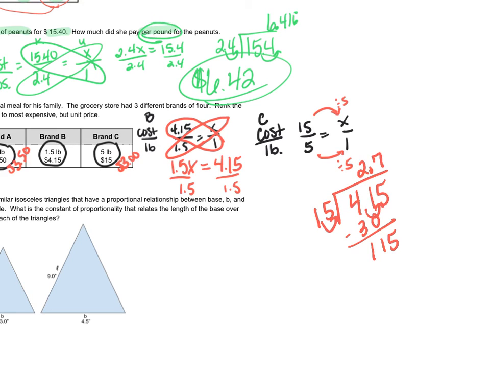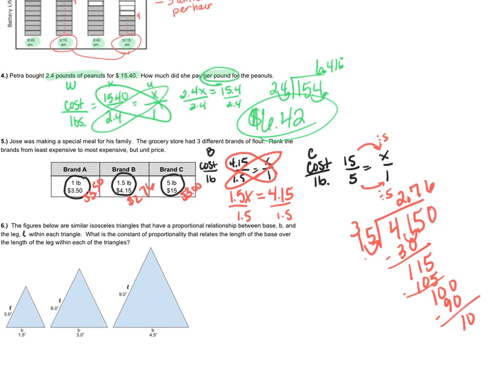So that's going to be 7. Then we would drop down, add another 0 and drop it down. We would go 6 and get 90, and it looks like it's going to repeat. So I'm going to stop it there. My cost is going to be about $2.76 for brand B.